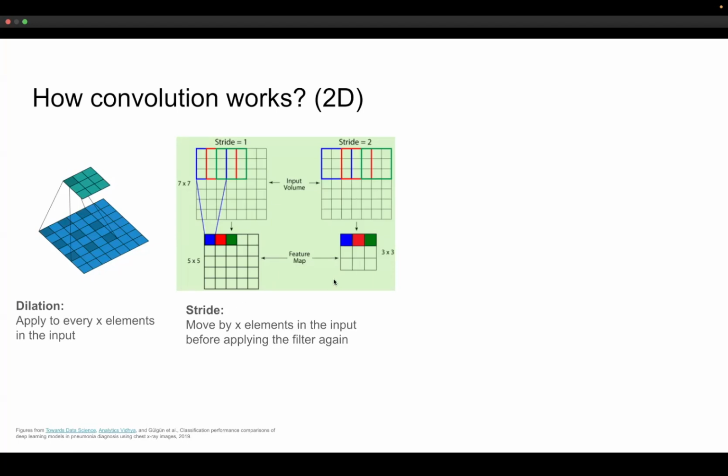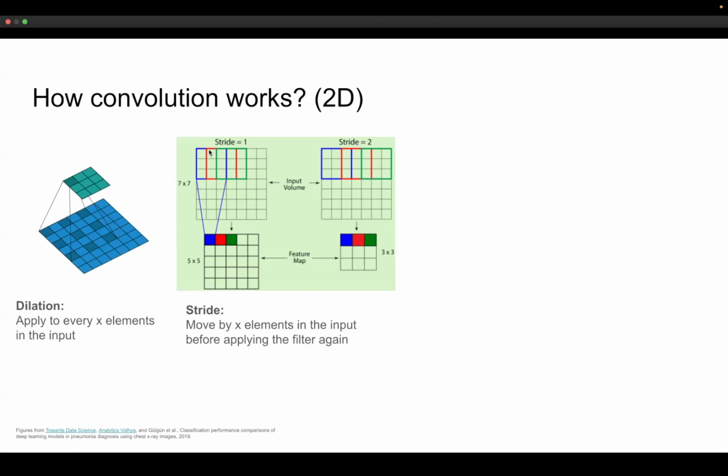And there's also a concept of stride size. So the first time we apply the filter will correspond to this blue square here. So we get the first element.